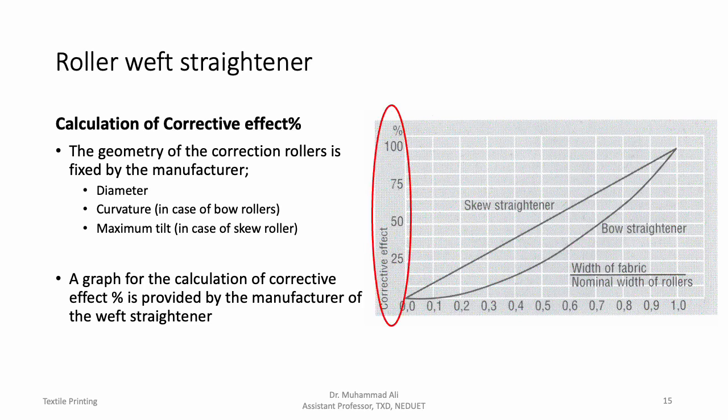The vertical axis here is the corrective effect in percentage. The horizontal axis here is this ratio, width of the fabric divided by nominal width of rollers. Nominal width of rollers simply refers to the working width of the weft straightener.